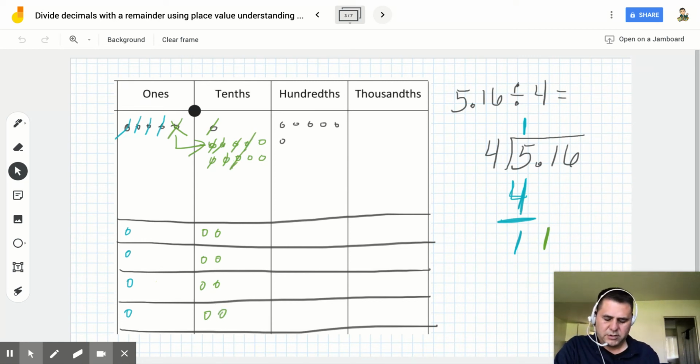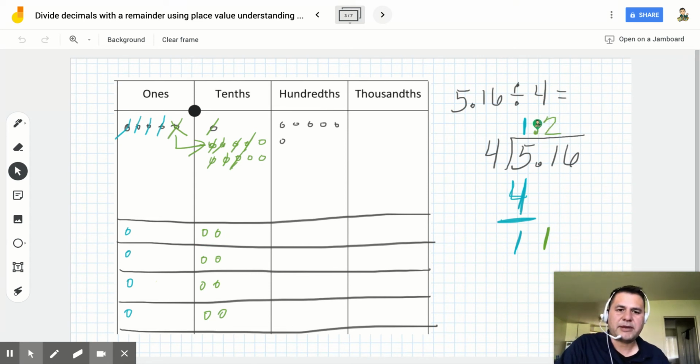Notice, I have 3 left, but I have 4. Can I share evenly between 4 people? No. I have 3 left over. So, how many tenths did everyone get? Everyone got 2. 2 what? 2 tenths.